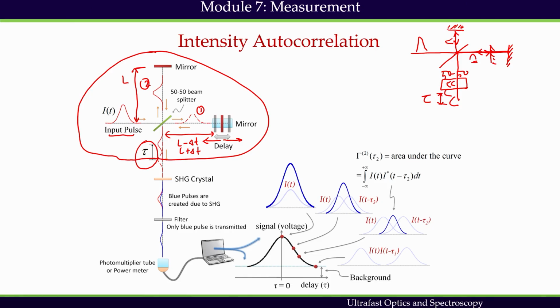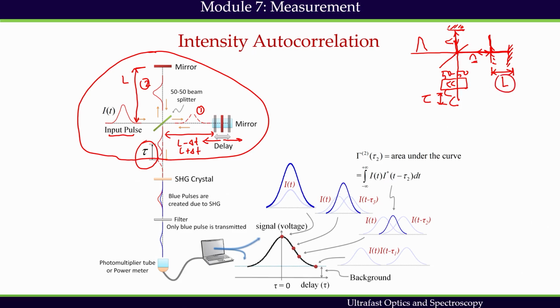Now if we move the mirror backward by a distance L, let's say I have moved the mirror a distance L with respect to the equal distance position. At this point, the two arm distances are equal. Now with respect to this, I have stepped back this mirror by a distance L.